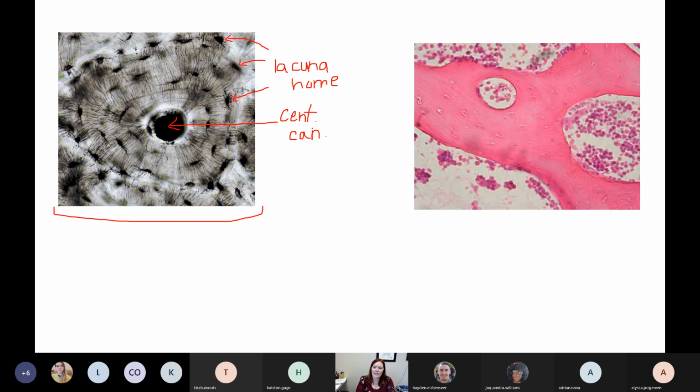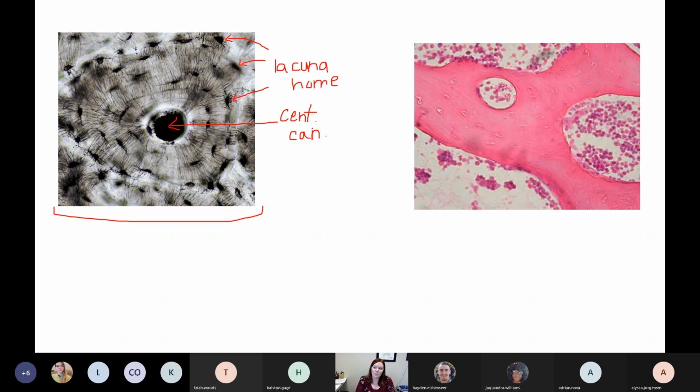Compact bone tissue is entirely filled with stuff. There's a lot of calcium, there's a lot of collagen, but I have these special lacuna, these special homes where my bone cells live inside that aren't filled with collagen and calcium. So the lacuna are all of the little black spots that we see in this tissue.